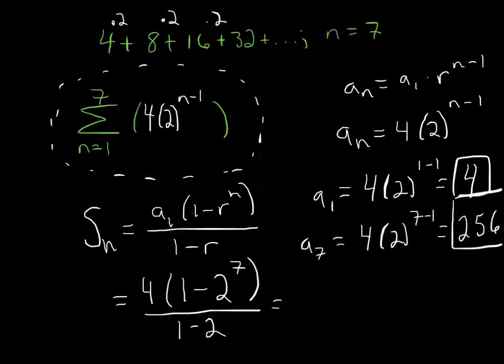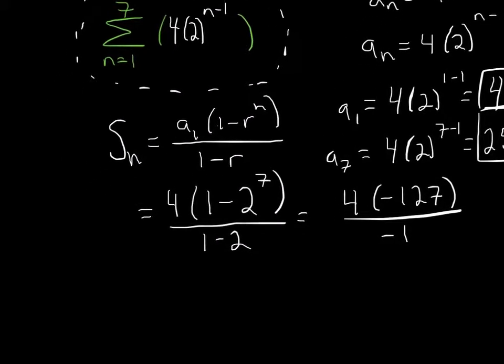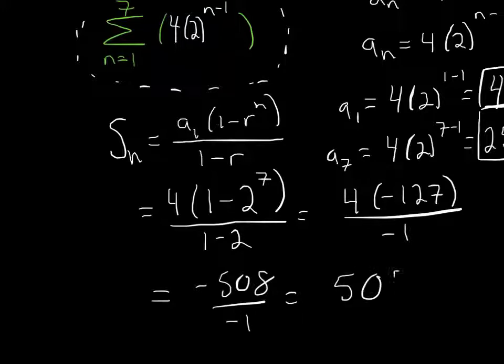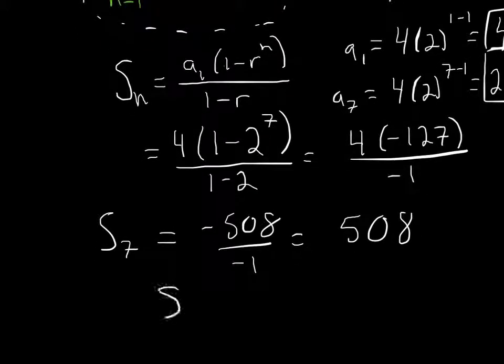We should get 4 times negative 127 all over negative 1. Now we simplify that even further. Multiply 4 times negative 127 to get negative 508. When we divide by a negative 1, all that does is change the sign from negative to positive, so positive 508. So the sum of the 7 terms is 508.